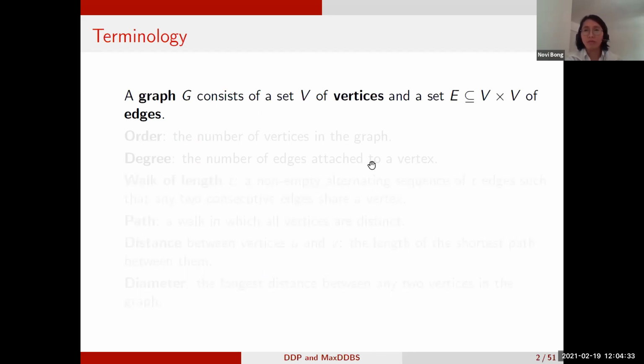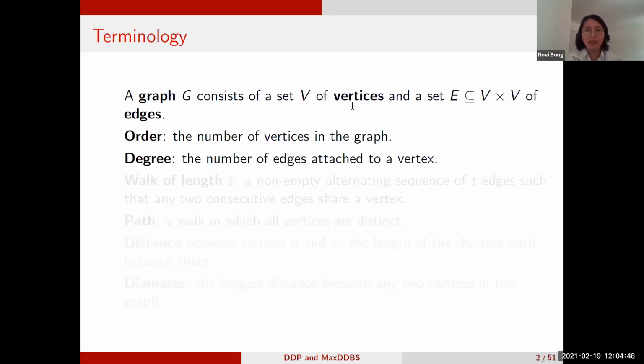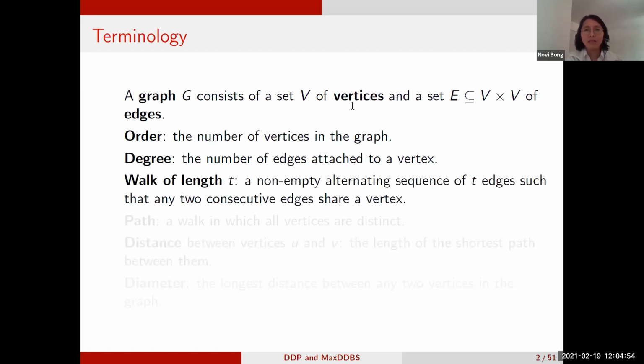Okay, so to start with, here is some terminology of graph theory. Probably most of you know about it, so I will go through it very quickly. A graph G consists of a set of vertices and a set of edges. The order is just the number of vertices. The degree is the number of edges attached to a vertex. A walk of length t is a non-empty alternating sequence of t edges such that any two consecutive edges share a vertex.